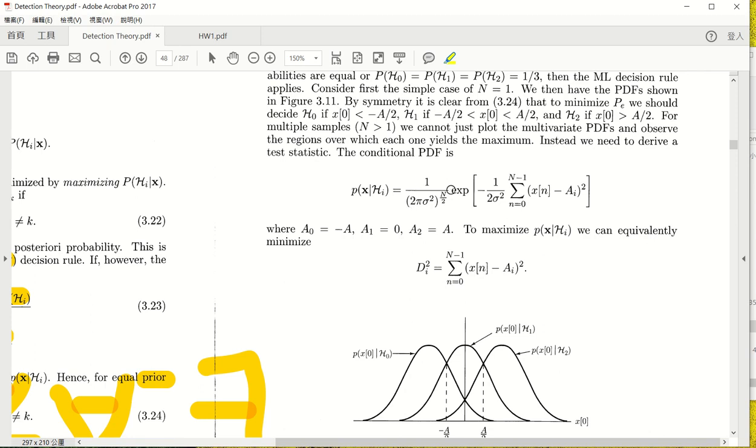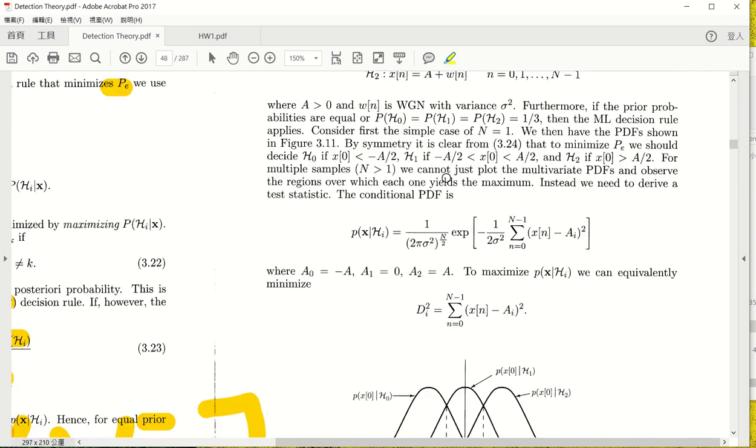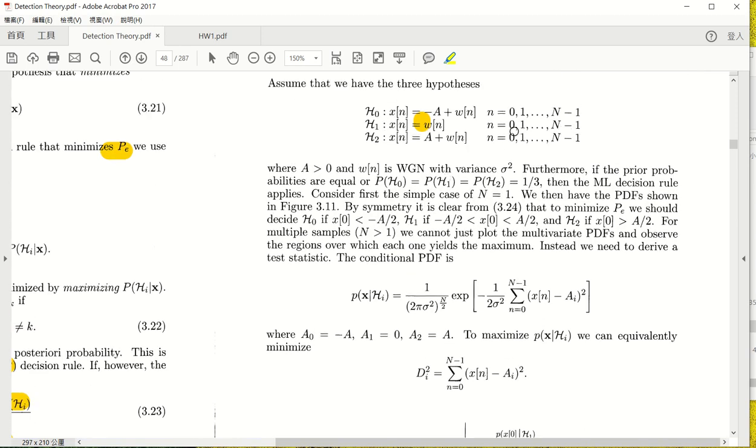This is again a multivariate. Recall in chapter 2 we talked about the multivariate Gaussian random variable, and this is a PDF for multivariate. How come it's multivariate? Because it goes from 0 to n. So we have n samples.